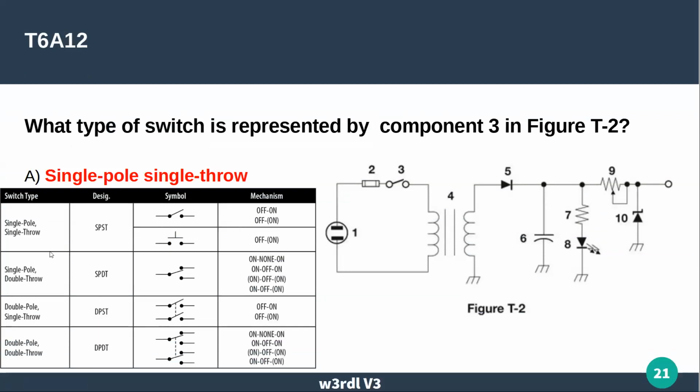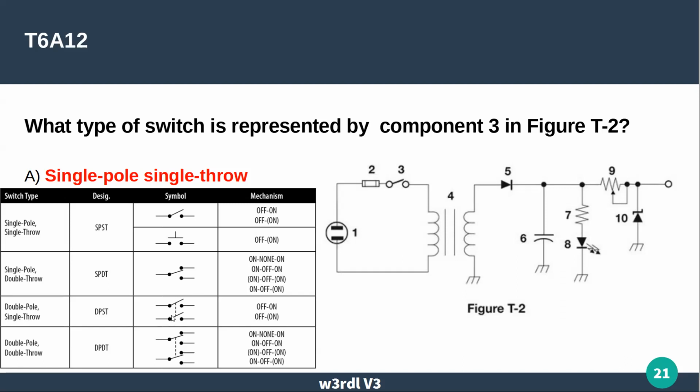I added this little chart to show what the symbols are for a lot of these other type of switches. Sometimes you'll see it like this as opposed to a little lever. This is a single pole double throw because it can go to this position or this position.